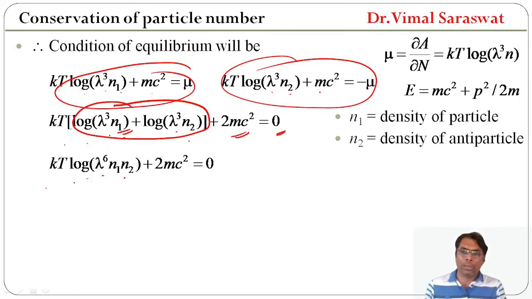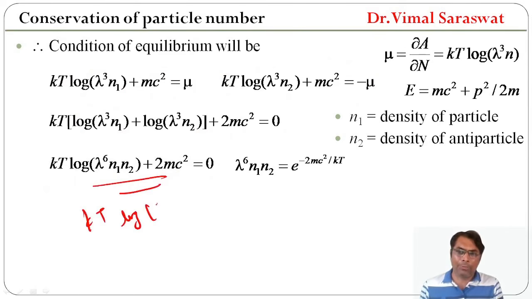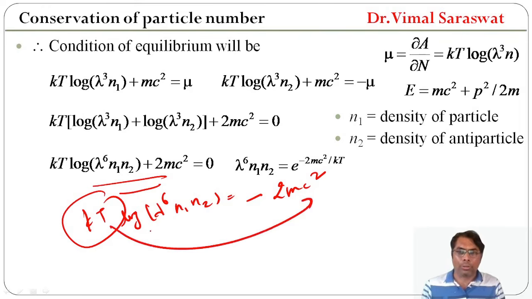So kT log of lambda raised to 6 n1 n2 plus twice mc square equal to 0. Now from here, kT log of lambda raised to 6 n1 n2 is equal to minus twice mc square. We transfer this kT from here to here. So log of lambda raised to 6 n1 n2 equal to minus twice mc square upon kT.